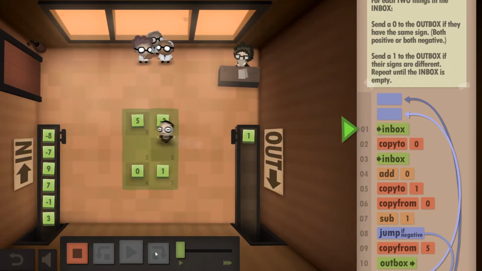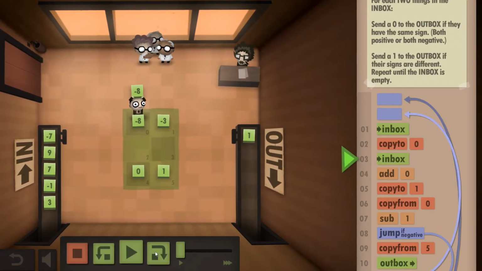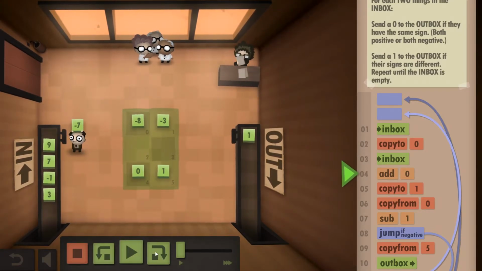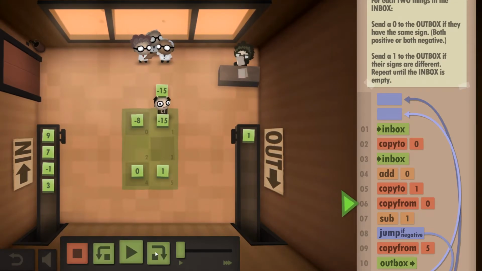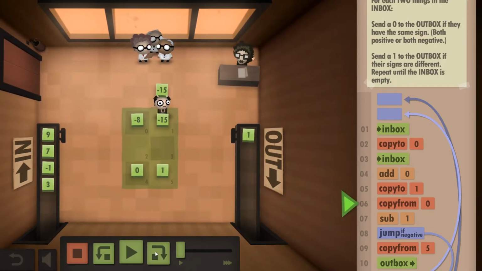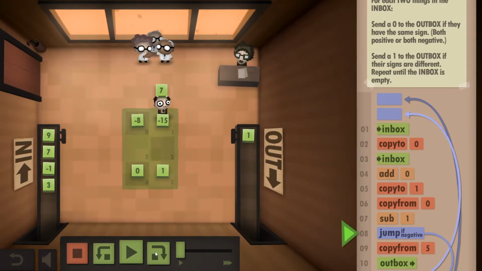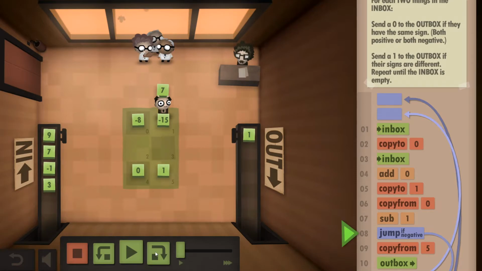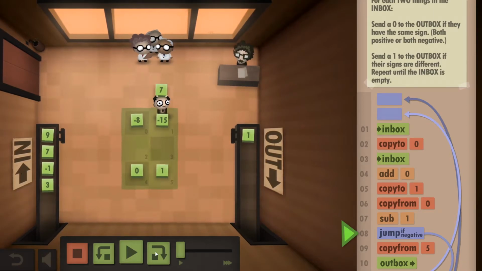Okay, so we go to the inbox, get a -8. We're going to copy that to slot 0. And we're going to go get a -7 and copy that. Okay, we get -15. And a -8 there. Okay, we come up with a positive number. So the math is not working properly for negative numbers.